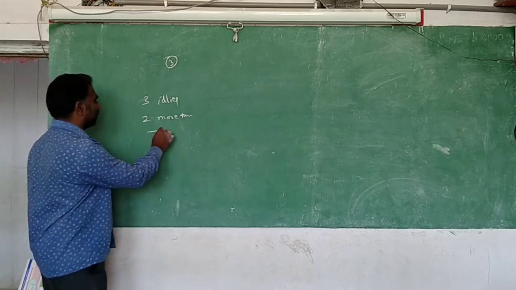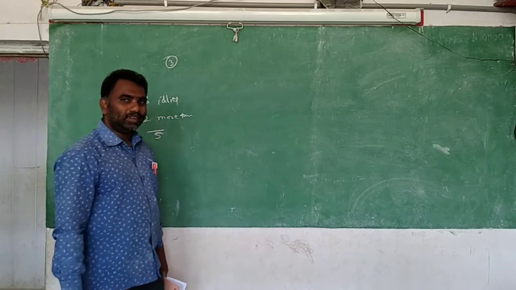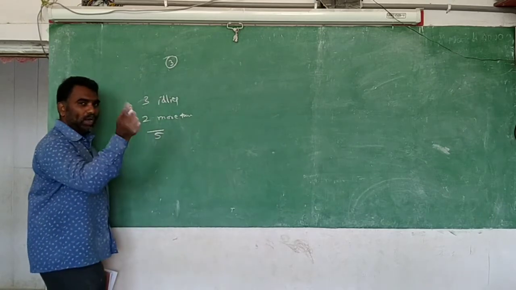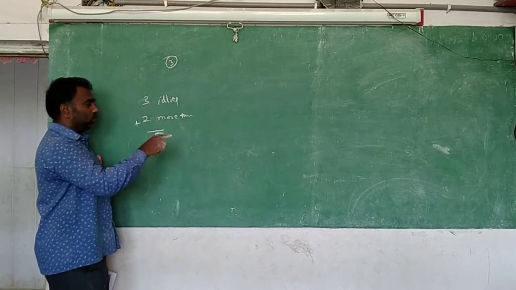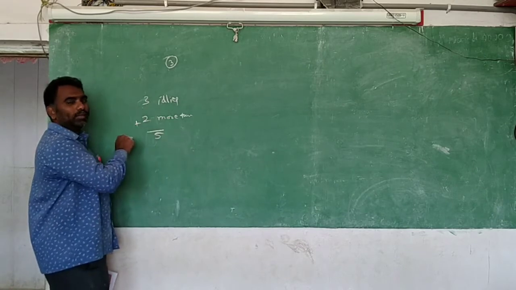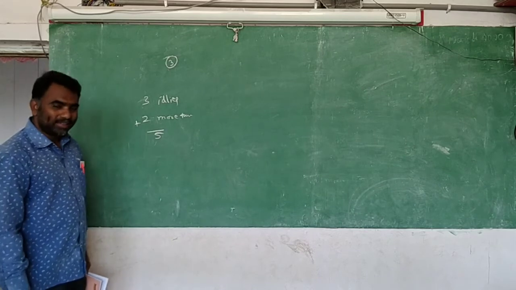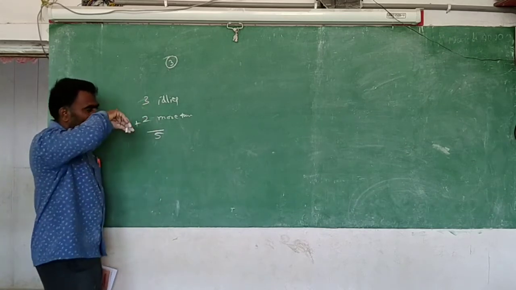Yes, 5 idlis. How did you say? By adding these two numbers. Is it or not? Once again, try to understand. You ate 3 idlis. Your brother ate 2 more than you. Then how many idlis ate by your brother? Yes, 5. How did you say? By adding the numbers like this only.